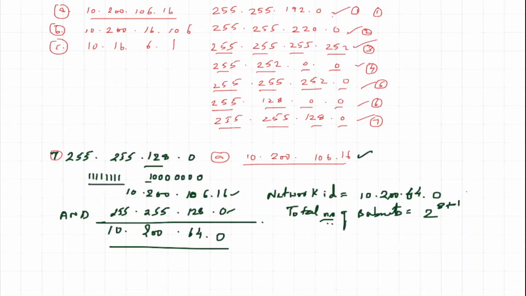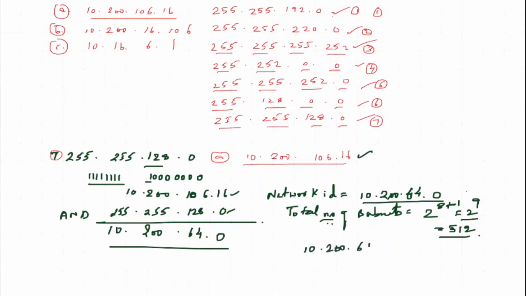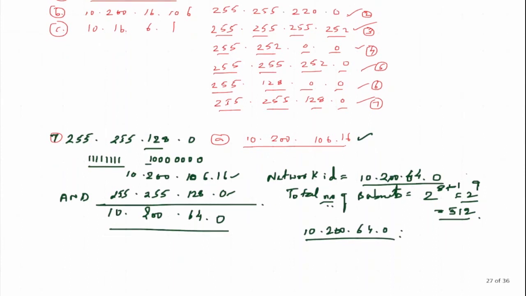So it is 1 plus 8, totally 9. So 2 power 9 subnets are possible here. 2 power 9 is 512 subnets. The network ID is 10.200.64.0.